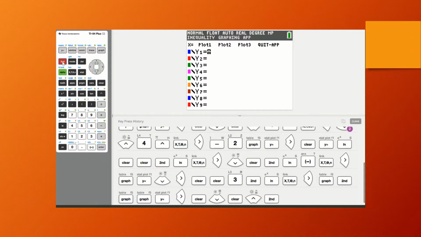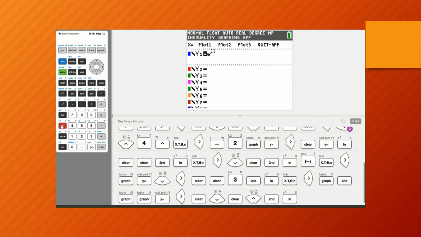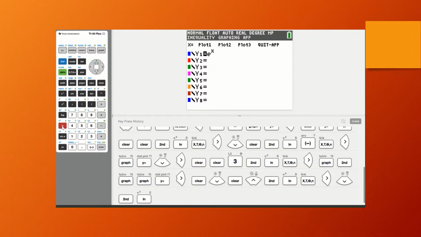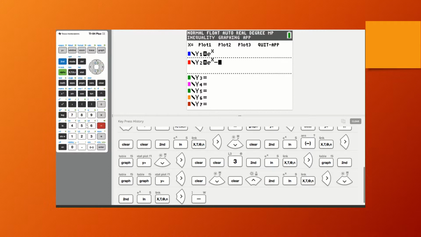So I can hit second ln, or e to the x, and just put an x in the exponent. And then we're going to graph the transformation. So again, I'm going to hit second ln, I get the e, I put in the exponent, and then I go negative 5.